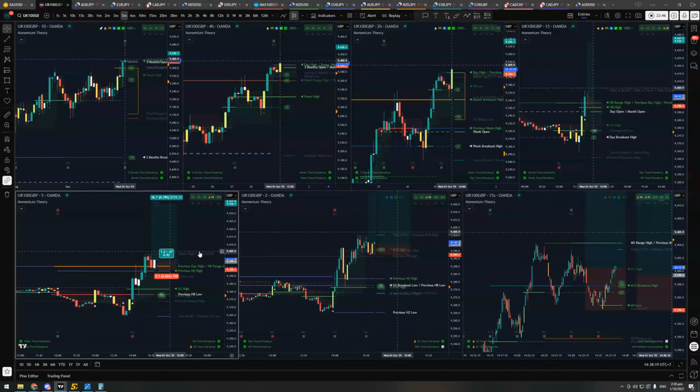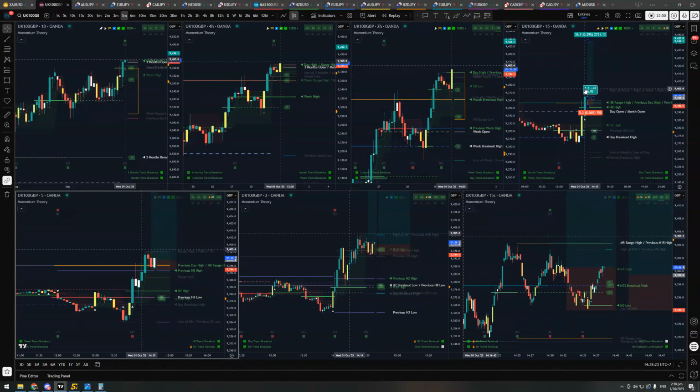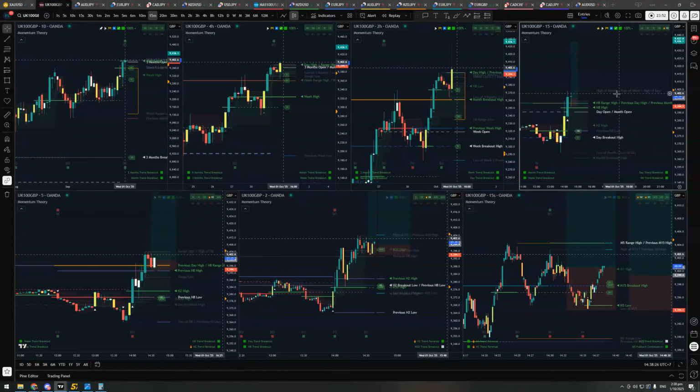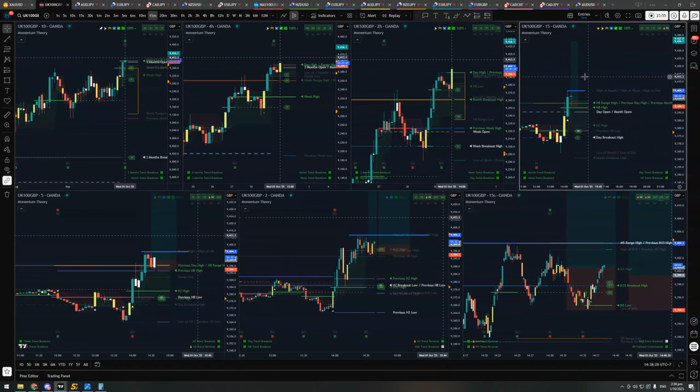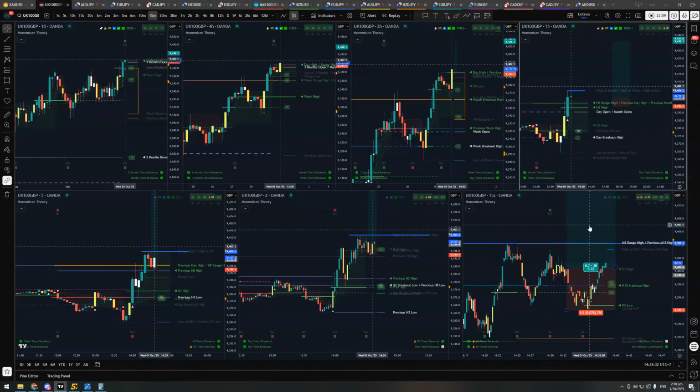Okay, and I'm still waiting for that safe entry above the M5. Or this M15 actually. Okay, I'm just gonna tidy this up a bit.